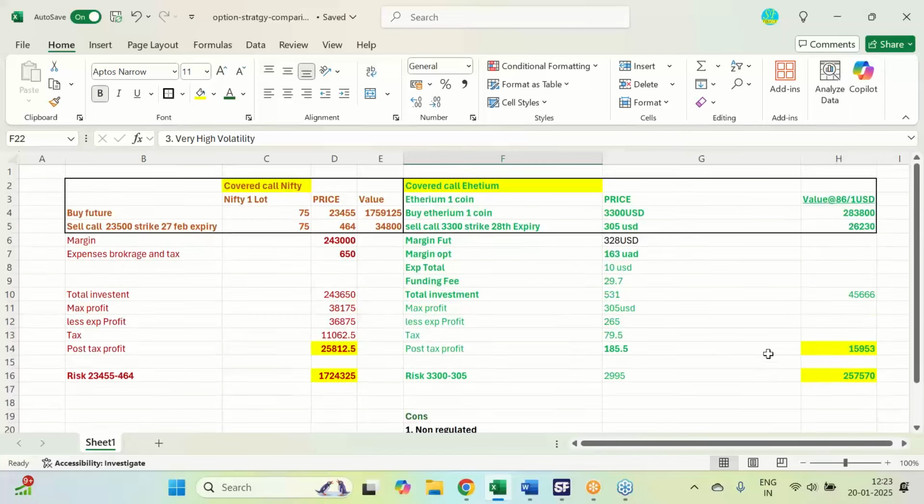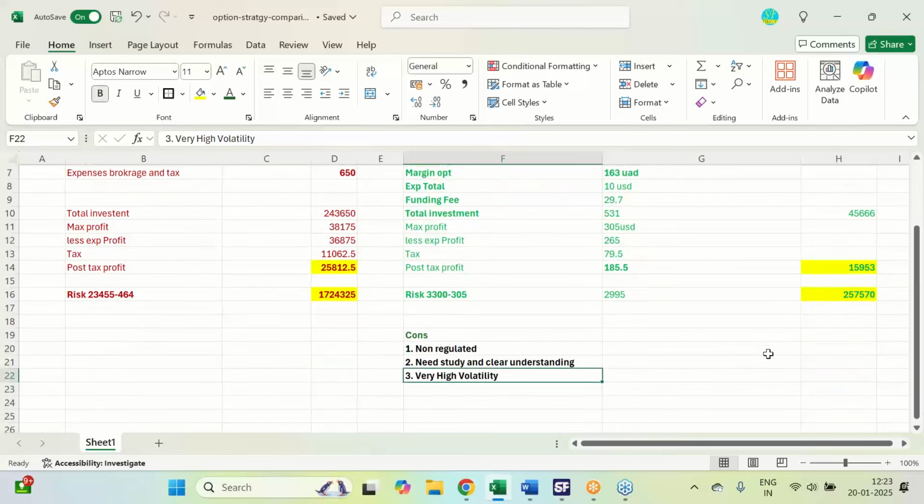So benefit, lesser risk, profit is not compromised. Benefit, world market, 24-hour market. Benefit, it is an internationally tradable instrument. These are the benefits. Second, taxation is the same. Benefit. However, that also has another side. It is non-regulated.